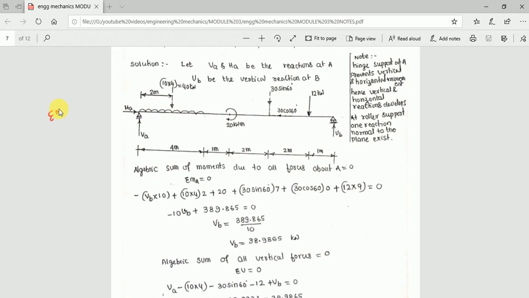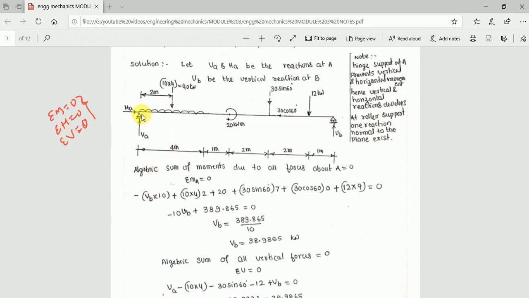We call a beam statically determinate only when it satisfies all the conditions of static equilibrium. So the support reactions can be found by using these three conditions of static equilibrium.